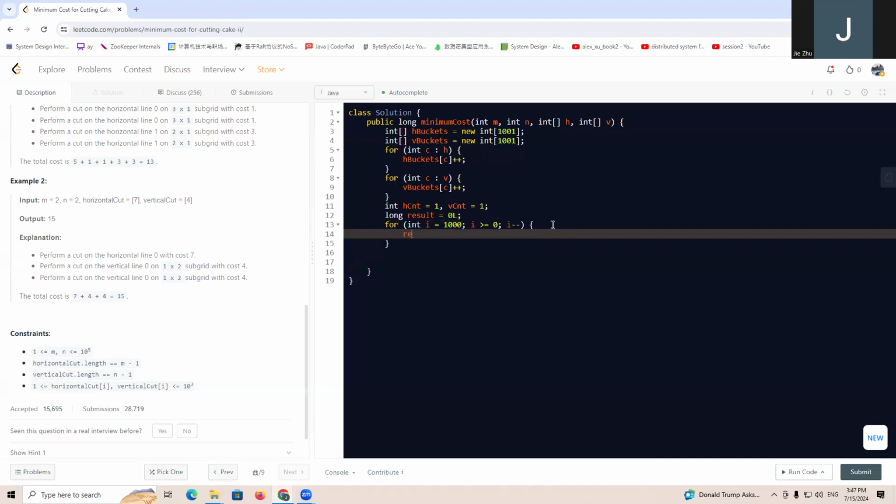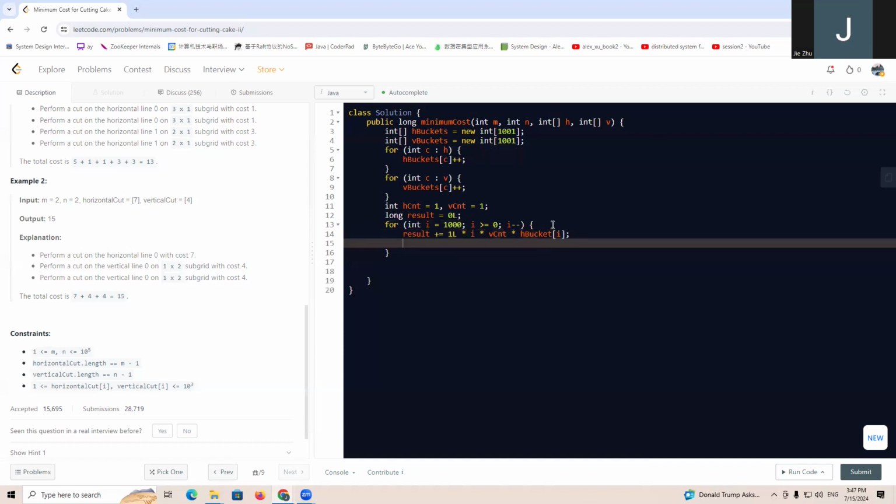So we'll have result plus equal to 1L multiplied by i, multiplied by V count, multiplied by H bucket i. So we'll have H count plus equal to H bucket i.